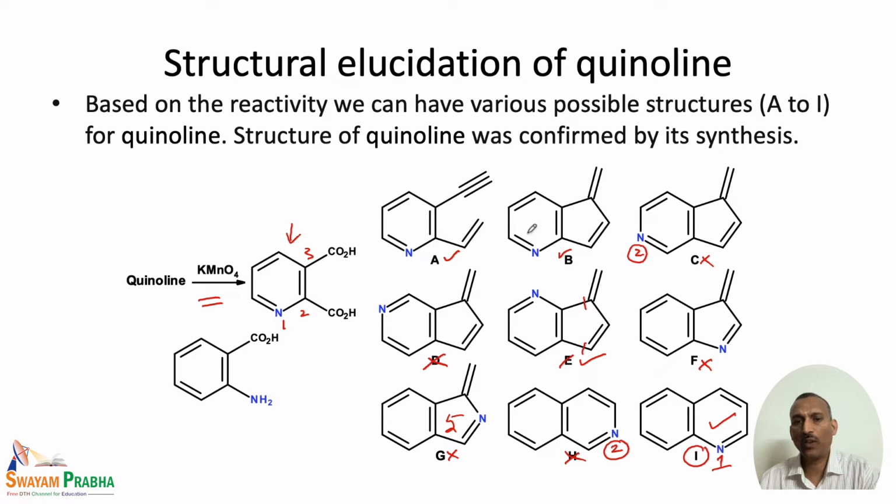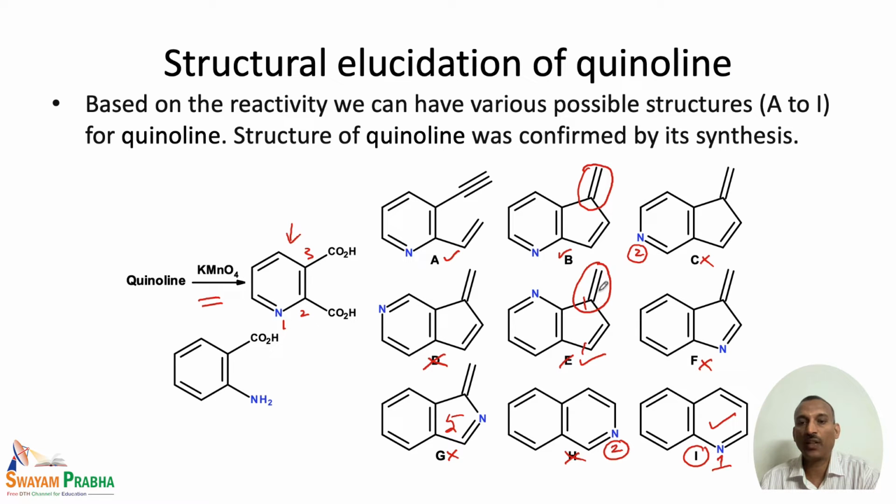But if we look at the other structures, we have an exocyclic double bond in this particular structure B. Although this is in conjugation, this is still considered to be outside of the ring. So these kinds of double bonds can easily undergo addition reactions.